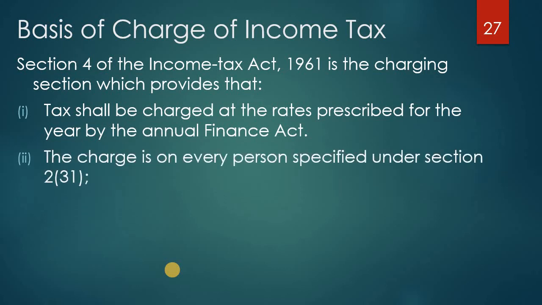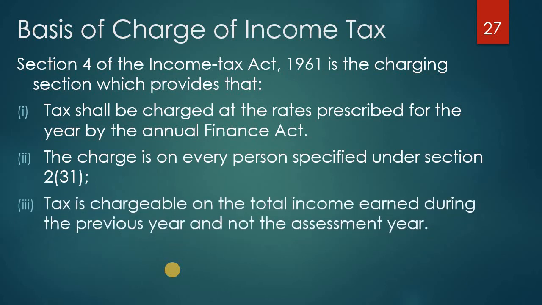Then the charge is on every person specified under section 2(31). We have already learned who the different kinds of persons are. It may be an individual, partnership firm, association of persons, body of individuals, company, or artificial juridical person. All these are known as persons.